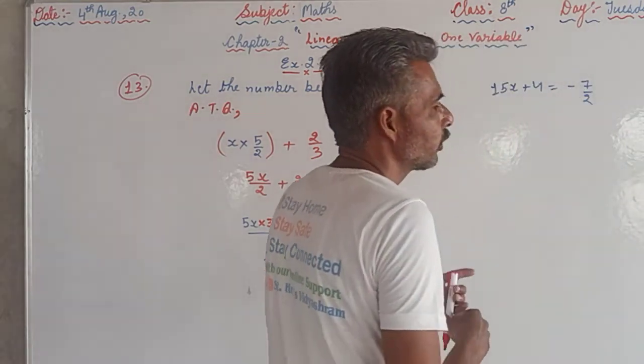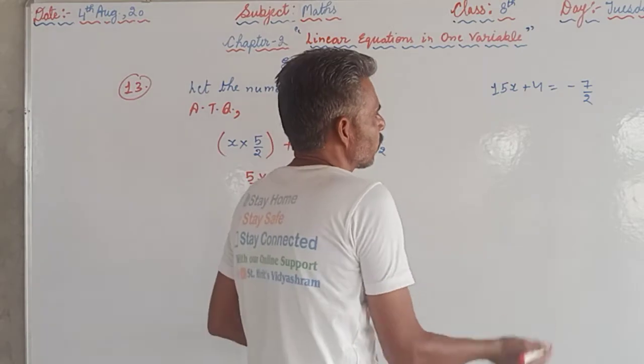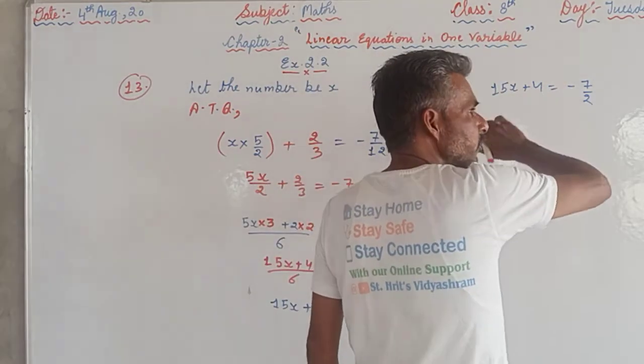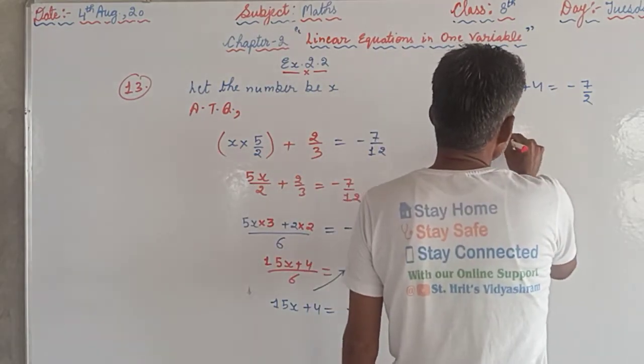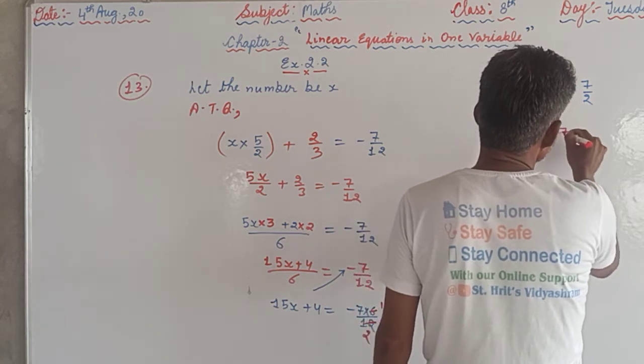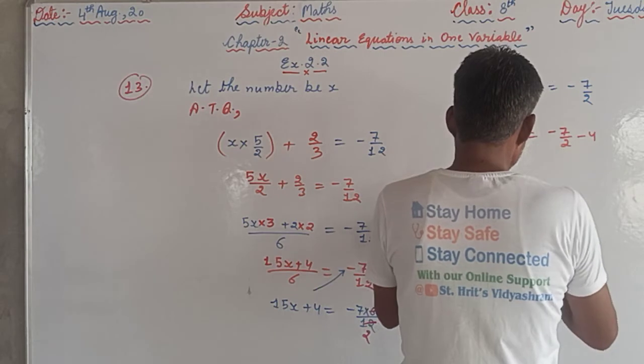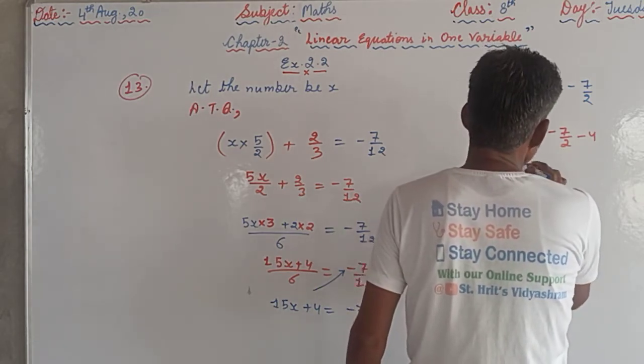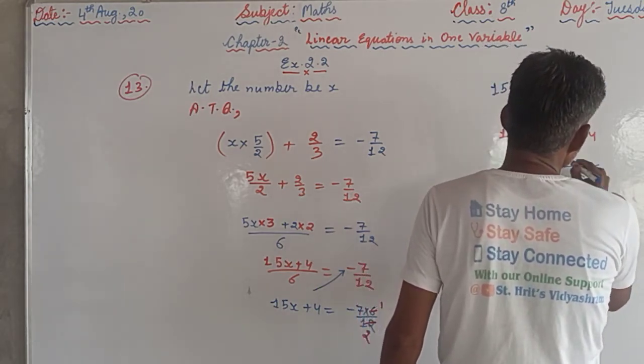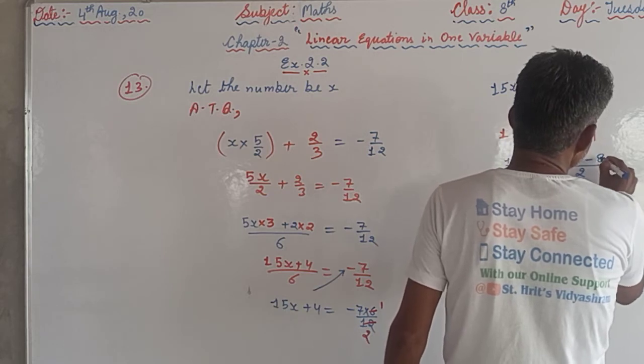Now what we will do? We will try to solve more. For that we will transpose plus 4 from the left hand side to the right hand side. So this will become -4, 15 of x. So this is 15x is equals to -7 upon 2 minus 4, that is -7 -8 upon 2.